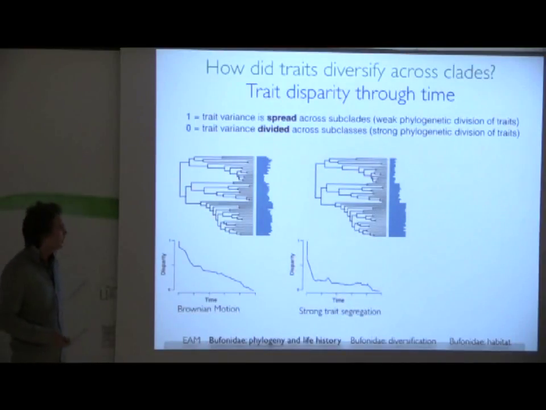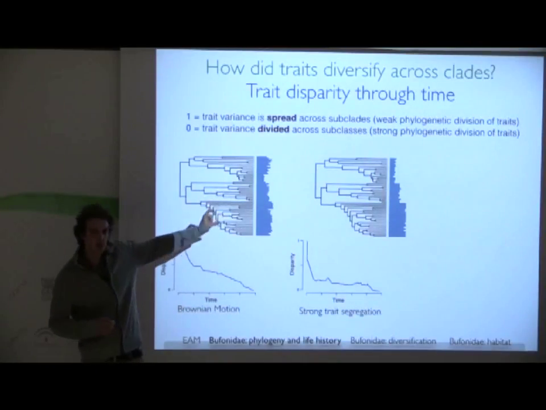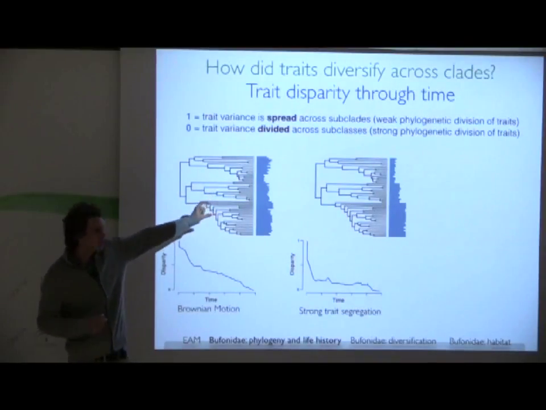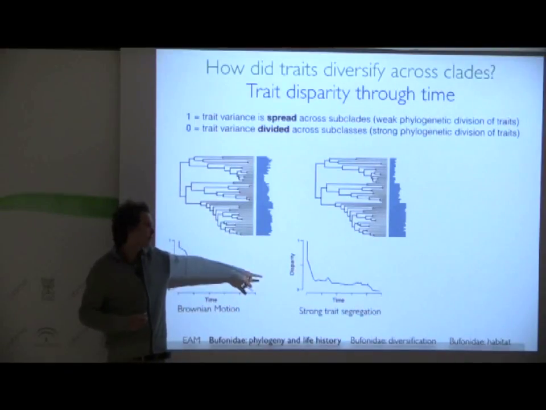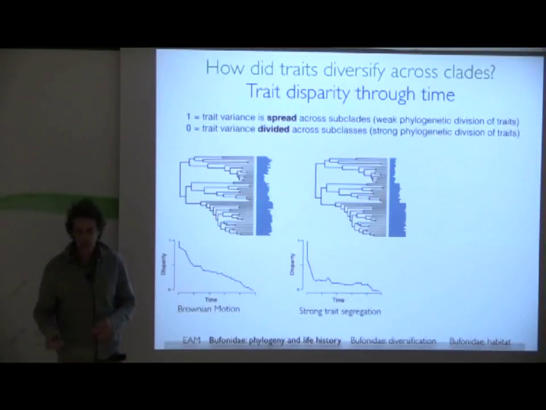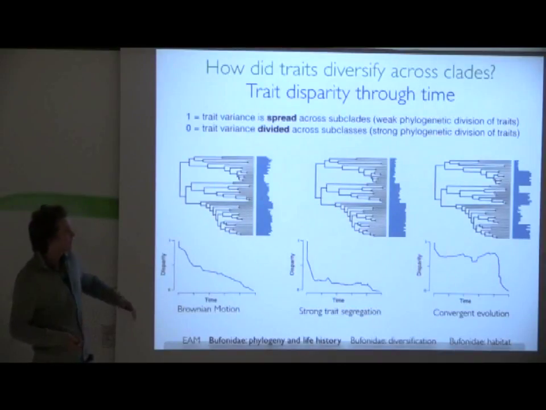Alternatively, what you can have is that early on you have essentially 3 body forms. You have a clade that consists of only small-bodied toads, a clade of medium-bodied toads, and a clade of big-bodied toads. And what that would look like in your disparity plot is a rapid drop-off, so strong segregation in trait space early on in the clade. The extreme opposite of that would be a consistent disparity throughout most of the history.